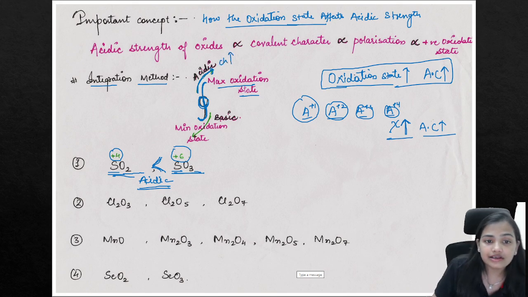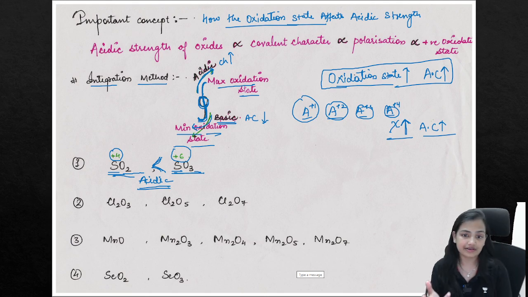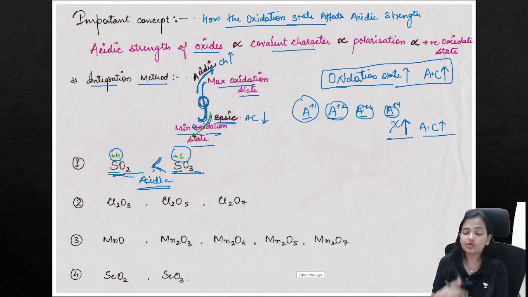And here it says that as the oxidation state decreases, the acidic character decreases, or you can say that the basic character is increasing. Simply, this is the way we can say that. So ultimately the same thing: acidic strength of oxides is directly proportional to the covalent character, that is, the pulling of the shared pair of electrons.